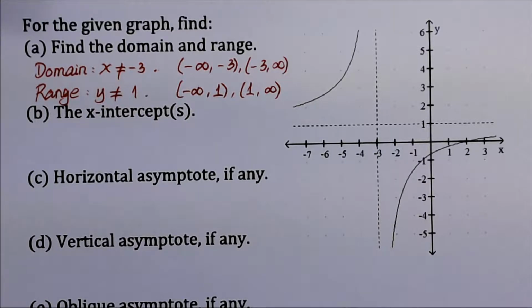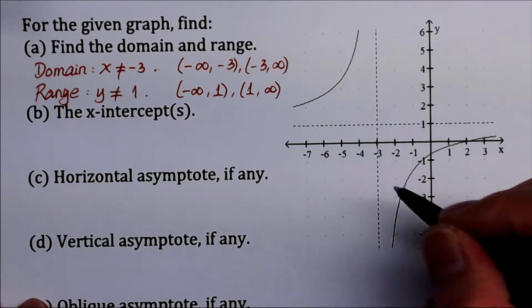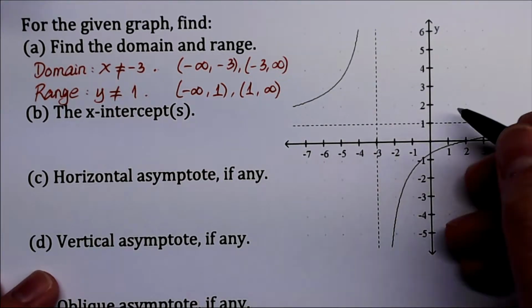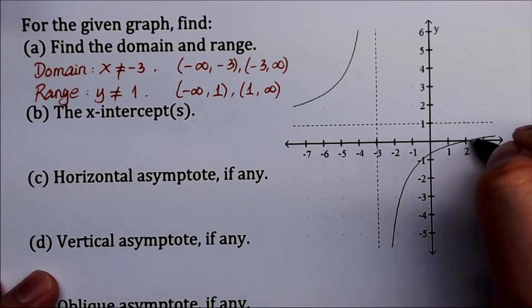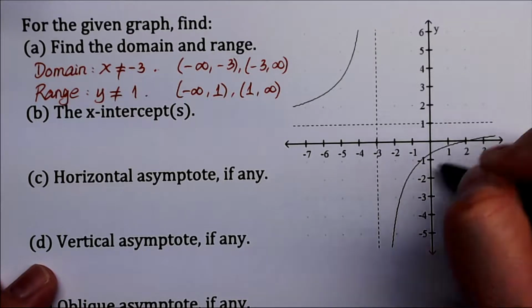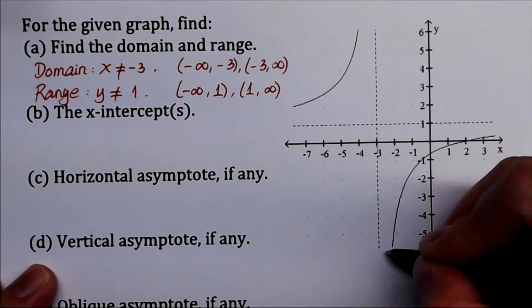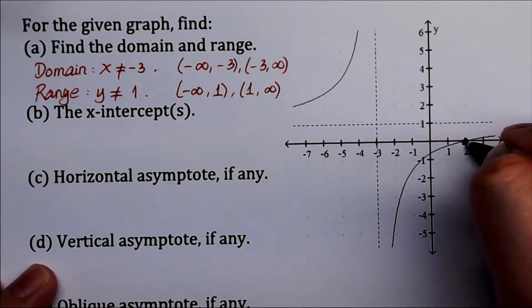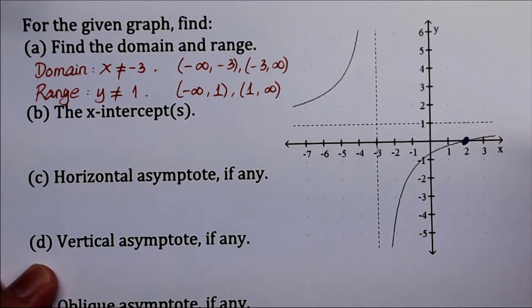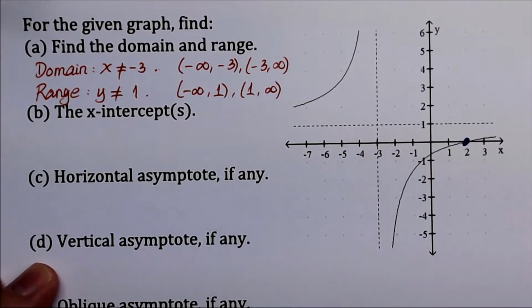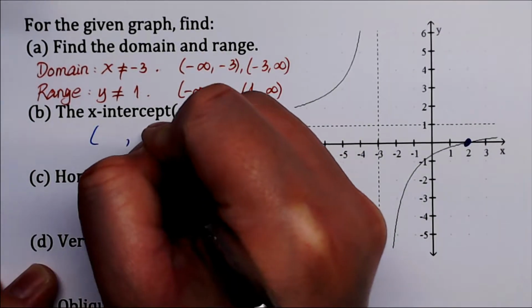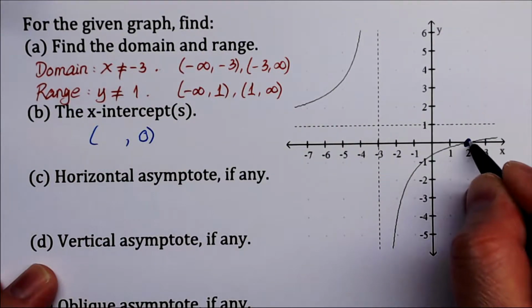The x-intercept, we did this earlier. The x-intercept is the point on the x-axis where the graph and the x-axis intersect. So it is this point here. Because it is on the x-axis, y must be equal to 0, and in particular x is going to be 2.